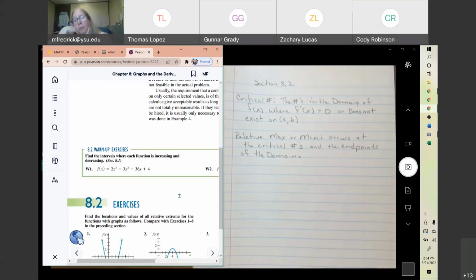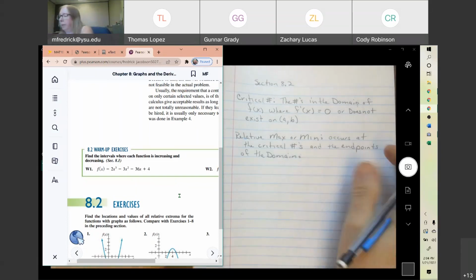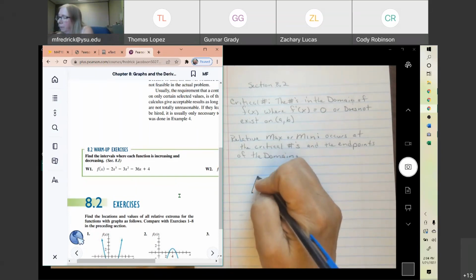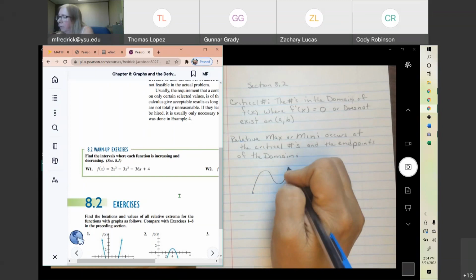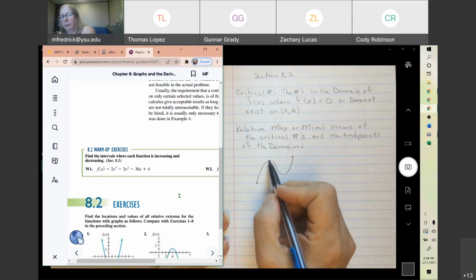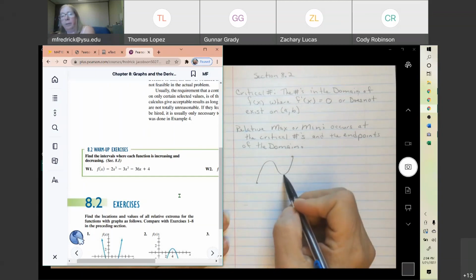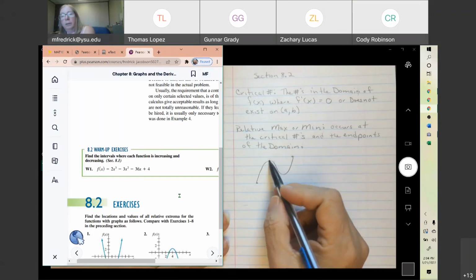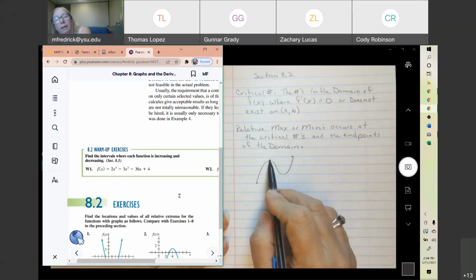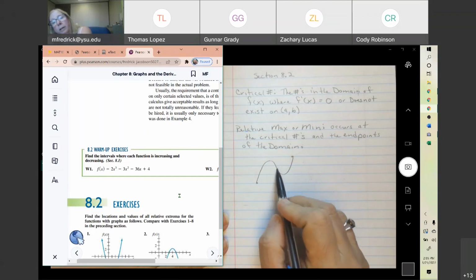So the critical numbers are relative highs and lows on the graph, but so are the endpoints. So if we had a graph, these two x values would be critical numbers. And this one, because it's a high spot, would be a relative max. And this is a low spot, like a valley, so it would be a relative min.